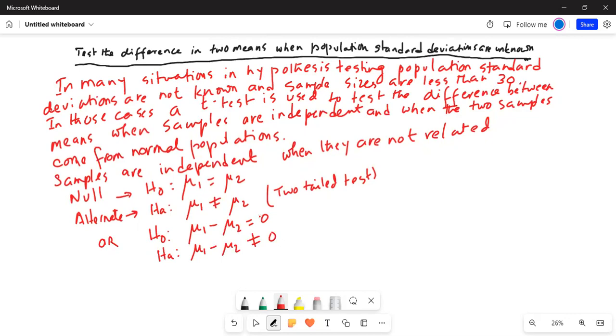So we calculate a test statistic from the sample data. Let me create some space here.